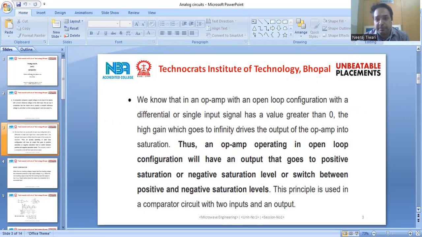That means the output can vary from high voltage to low voltage. The high voltage we refer to here as plus V saturation, which is about VCC, and the low output voltage we refer to as minus saturation voltage, which may be minus of VCC. So that is the concept behind a comparator.